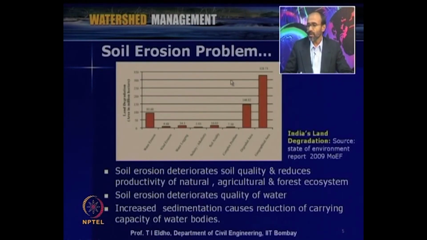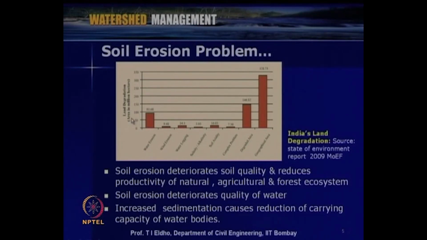So, as far as soil erosion is concerned, as per India's land degradation, as per the State of Environment report of the Ministry of Environment and Forest, the land degradation area in million hectares is shown here in this graph.